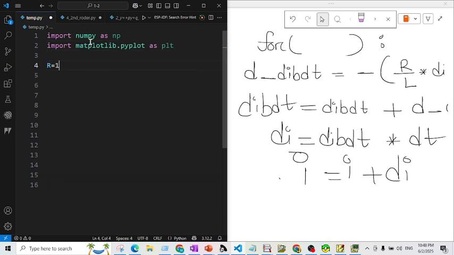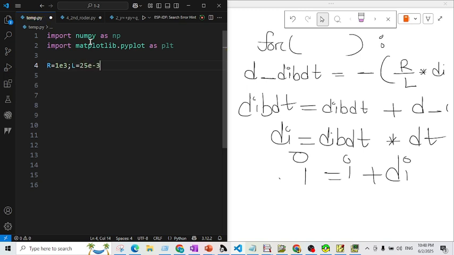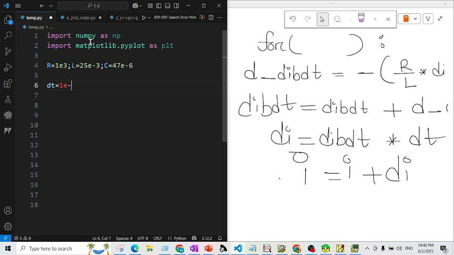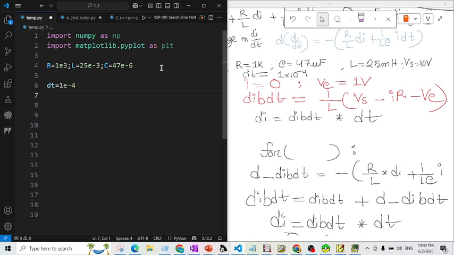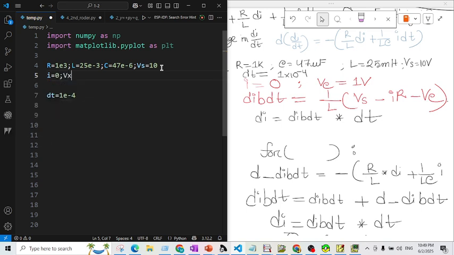Okay, so first of all, R is equal to 1k, L is equal to 25 millihenry, and C is equal to 47 microfarad, and dt is a small number, 1 into 10 to the power -4. Then Vs is equal to, let's say, 10. Initial I is 0. Initial capacitor voltage is 1 volt.